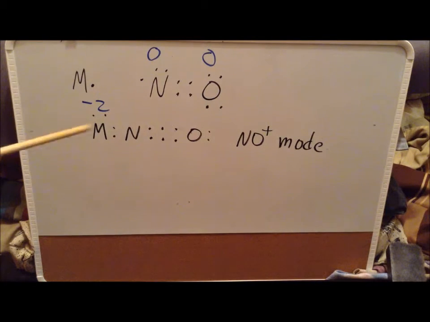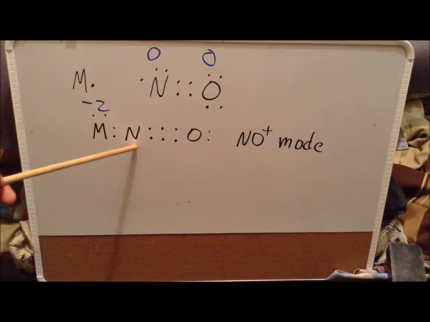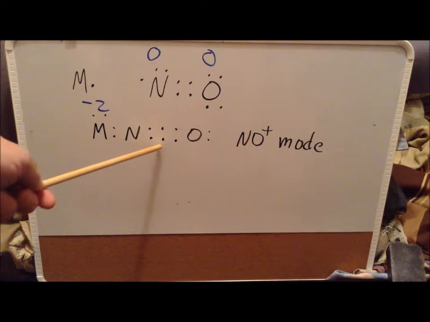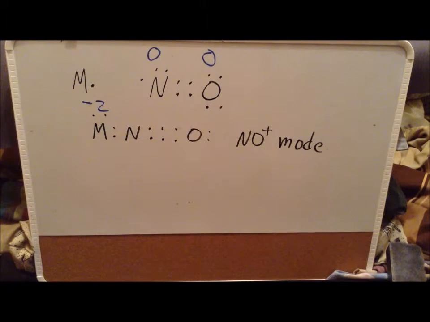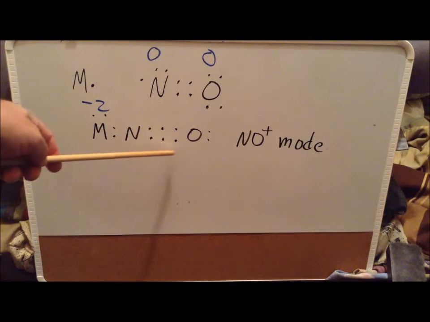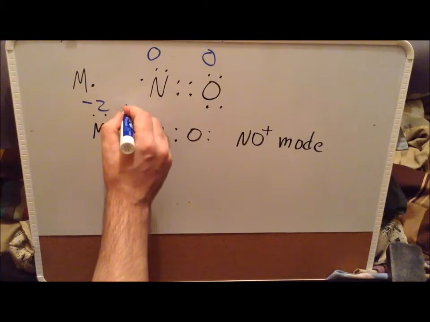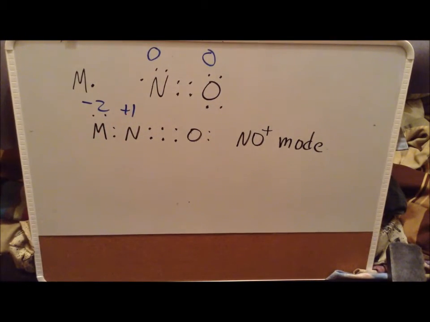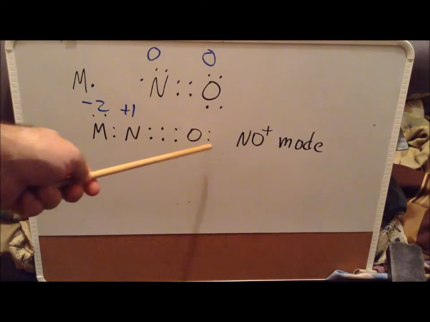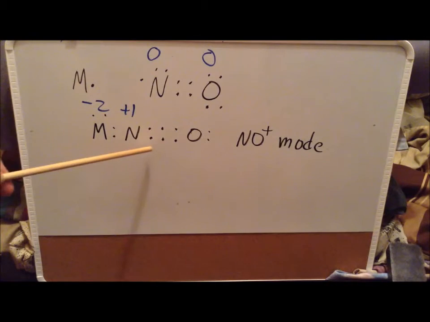The nitrogen has no lone pairs, but it has 2, 4, 6, 8 bonding electrons. So since there are 5 valence electrons for nitrogen, 5 minus 0 is 5. Minus 1/2 of 8, which is 4, so we get a formal charge on the nitrogen of plus 1. Finally, the oxygen has 2 lone pair electrons over here, 6 bonding electrons.